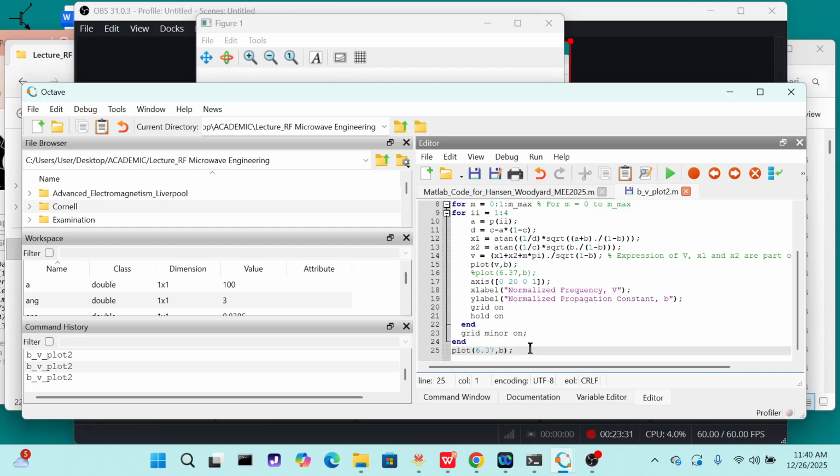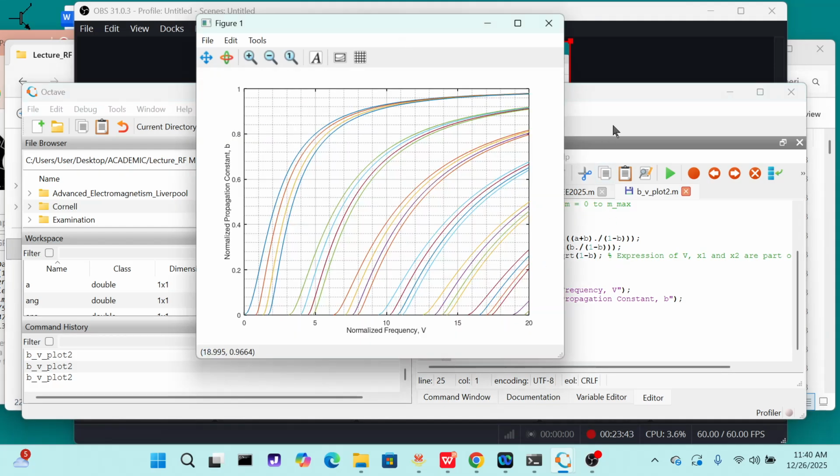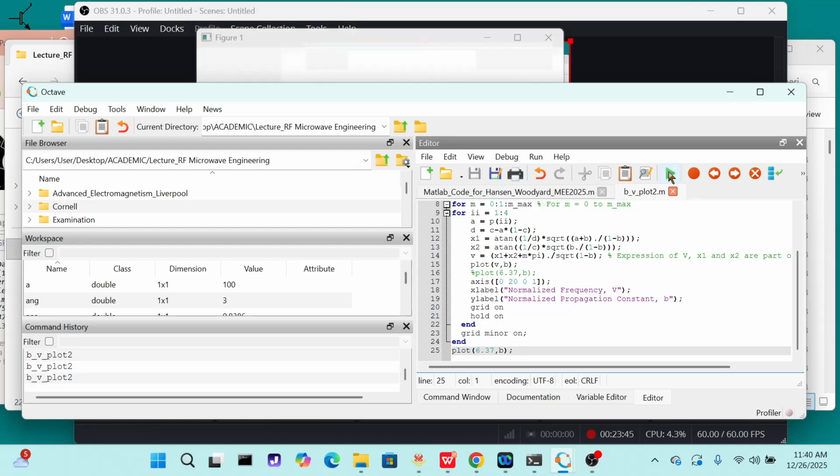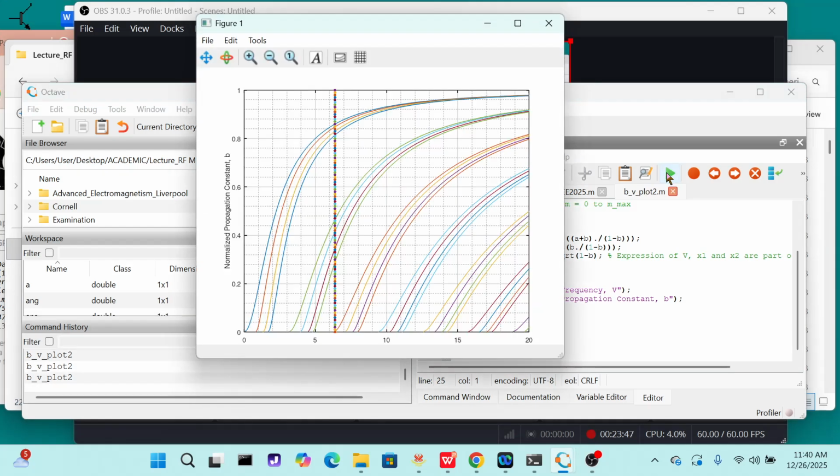Now, for example, I have calculated the value of V, and the value of V is 6.37, for example. So all I need is to put this into the graph, and I'm going to show you. So I put it. So what you need to do now is to identify the total number of modes for this waveguide.